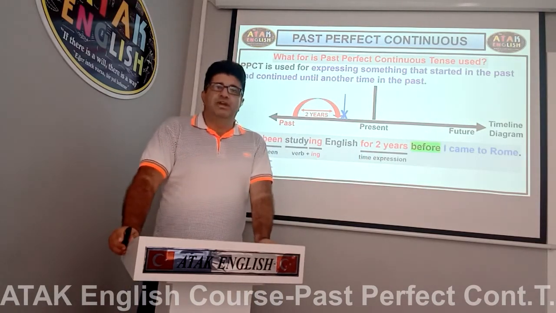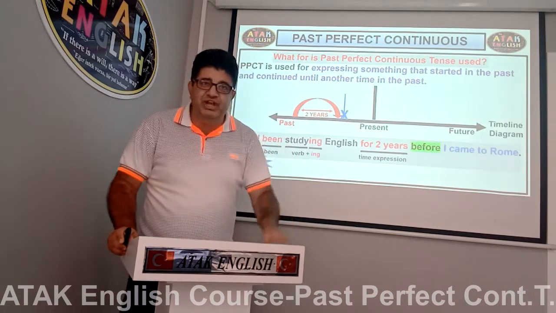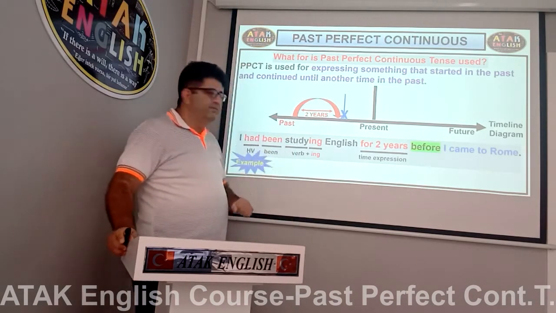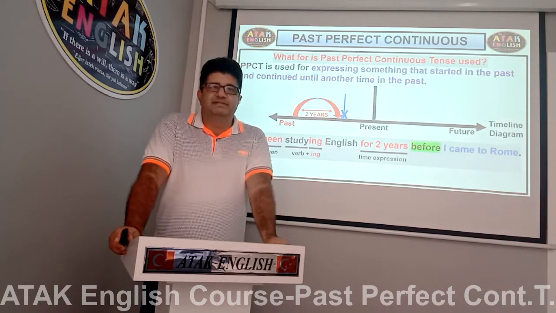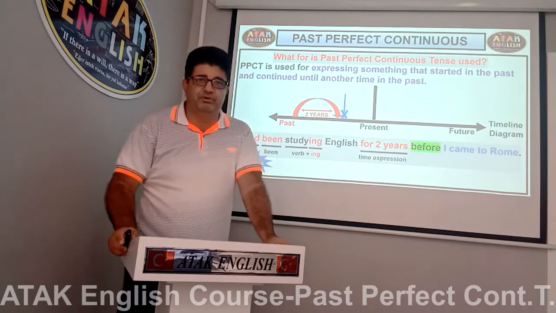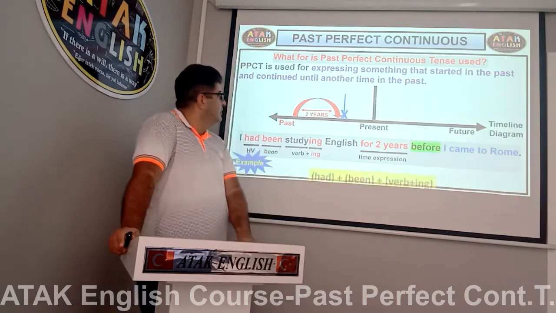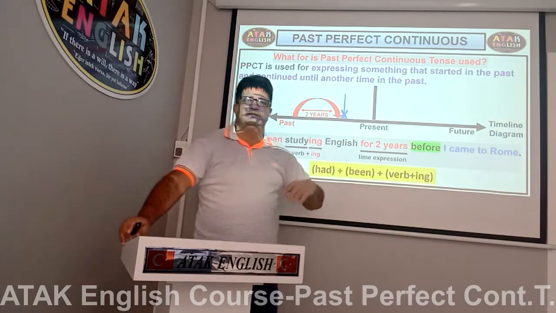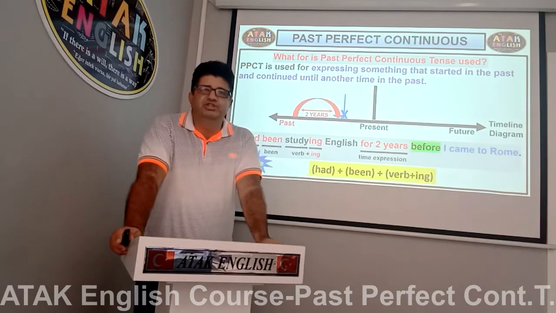So, time expression defines which tense we are supposed to use, plus word format is the second thing that we will understand which tense we should use if we want to express it properly. And our word format is had plus been plus verb ing.